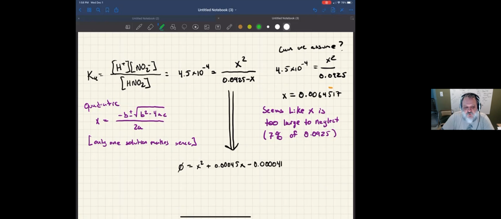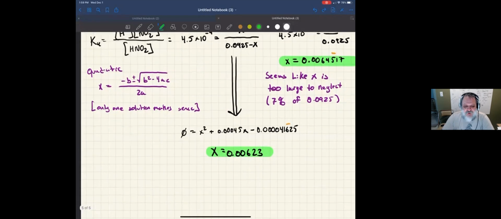And when I use the quadratic formula, I get x equals 0.00623. Now let's compare that. Yeah, it's a little different, right? 0.00623 versus 0.00645. And if I were asking you what the concentration was, even at 2 sig figs, it's a pretty big difference.